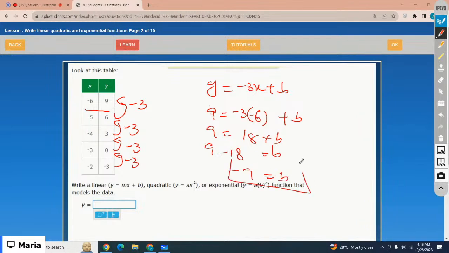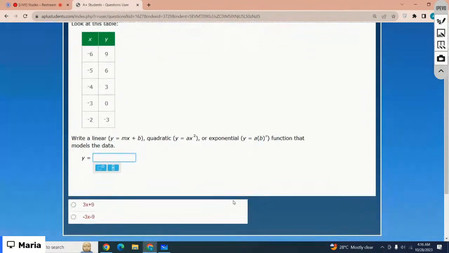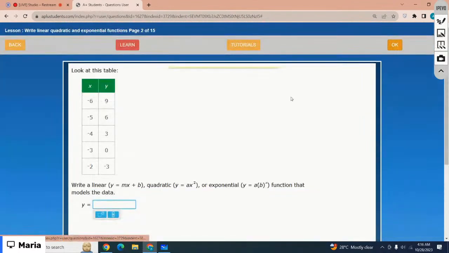So b equals -9. So the equation is y equals -3x minus 9. Got it? Y equals -3x minus 9, right? Equation number 2 is the correct option. Got it?